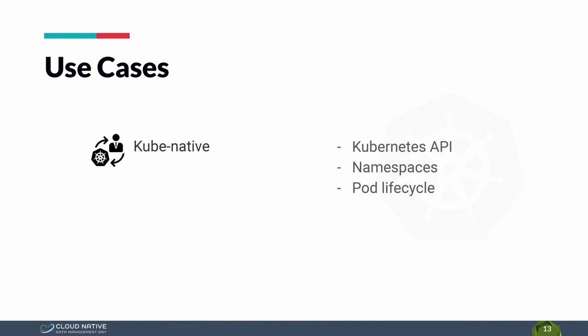Finally, another aspect of kube nativity is the lifecycle of workloads. We wanted the ability for COSI to work with pods natively. And what I mean by that is, if there is a pod that requests a bucket, then when the pod starts up, it should be able to get a new set of credentials. And when it goes away, the credentials should be automatically cleaned up.